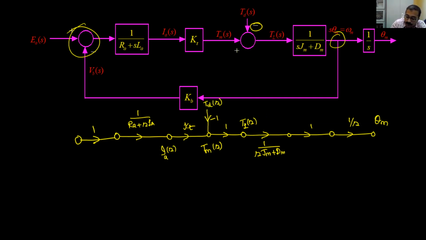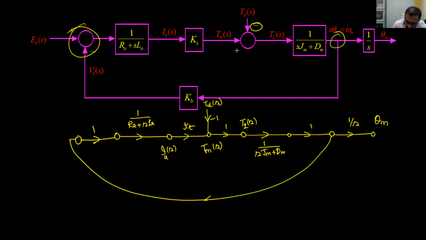Now what next? There is a signal going to the input of the summing point. Where is that coming from? From the output of the pick-off point. This point represents the output of the block 1 by SJM plus DM as well as the input of the pick-off point. We are taking the signal from the output of the pick-off point, so it should come from here and go to here.